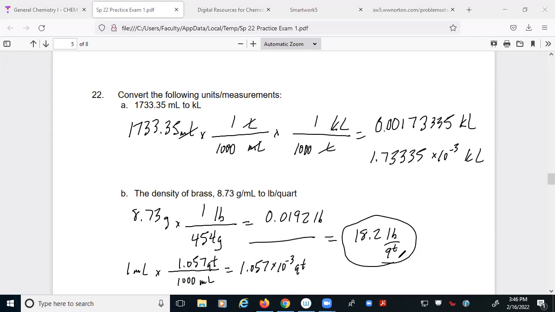If it wasn't, then we'd be able to reduce it further. If it's 8.73 divided by 3 milliliters, we would reduce that and turn it into whatever 8.73 divided by 3 is. So when we have a combination unit like this, the denominator is always 1.